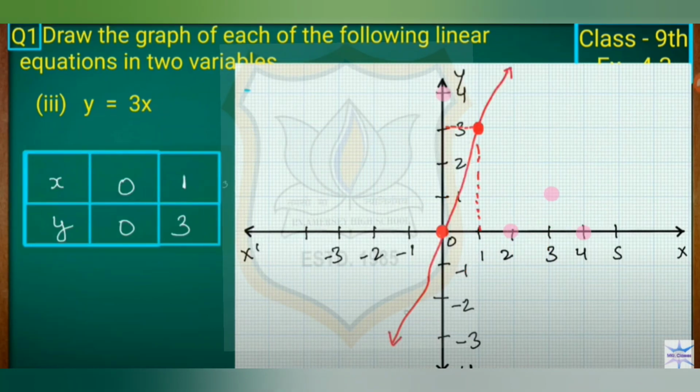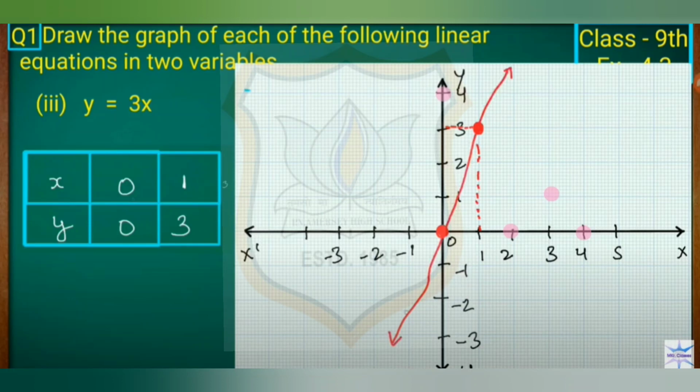Third example, y equals 3x. First I put x equals 0, so I get y equals 0. If I put x equals 1, I get y equals 3. So I get 2 points: 0 comma 0, and the next point is 1 comma 3.